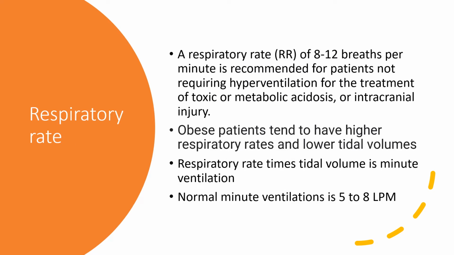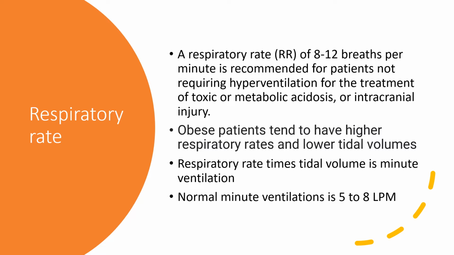Let's talk about another very important parameter, respiratory rate. When you set a respiratory rate for a patient on mechanical ventilation, it could all depend on which mode of ventilation you're in, and we're going to get a little bit more into the modes later. But a typical respiratory rate is anywhere from 8 to 12 breaths per minute, and this would be a normal setting for a patient on mechanical ventilation.